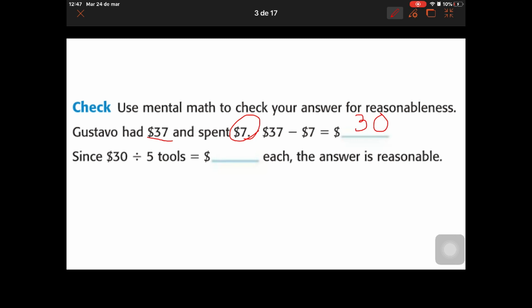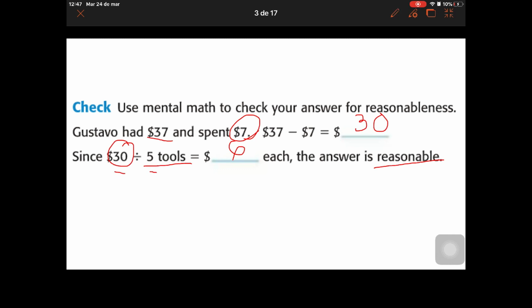And then all these $30 he divided into 5 tools. If you divide 30 between 5, you have $6 each. So this answer is reasonable. All of the operations we did before are reasonable and correct.